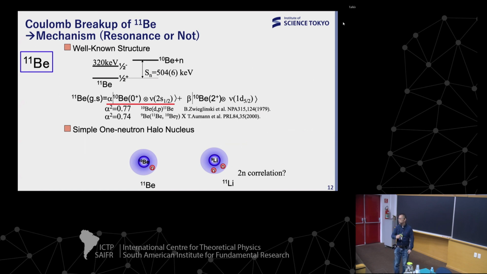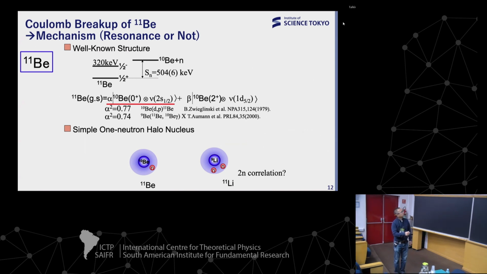Okay, so this was already known anyway. And then, if that's the case, the beryllium-11 ground state can be decomposed into beryllium-10 plus this 2s1/2 state. But it should also be mixed with the beryllium-10 excited core coupled to d5/2, and so on and so forth.